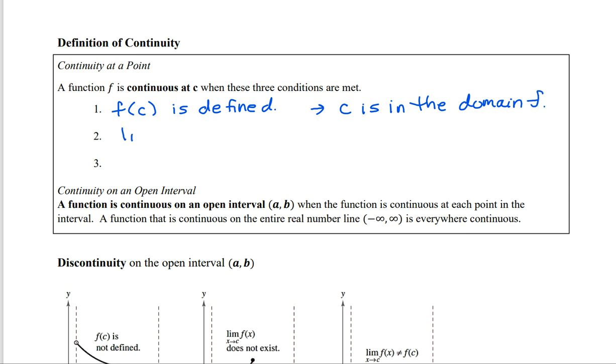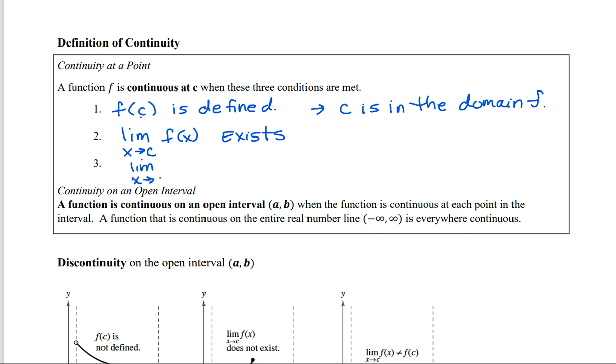Okay, I forgot f. Okay, the second piece of information that has to be true is that the limit as x approaches c from both sides of f of x has to exist. And the last piece of information puts these two together. Not only do these things have to exist, they actually have to equal each other.